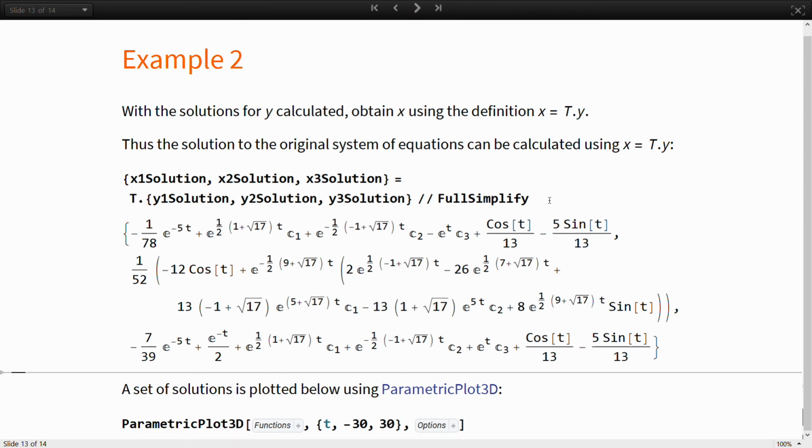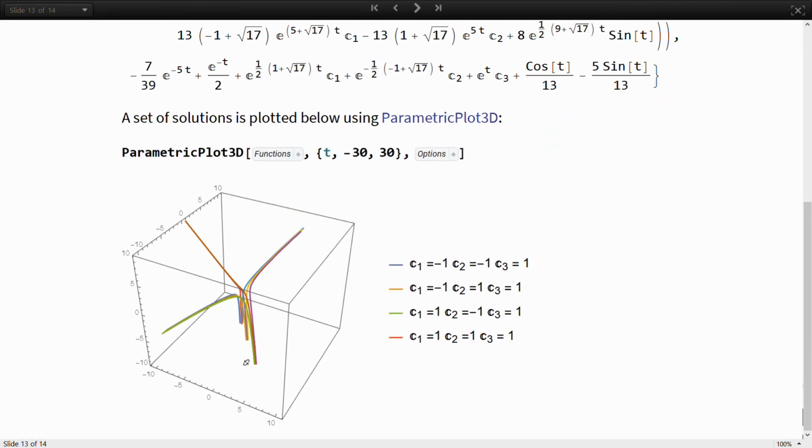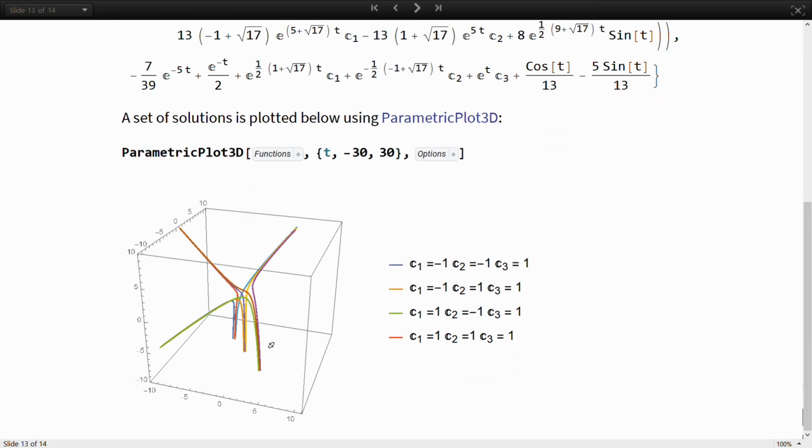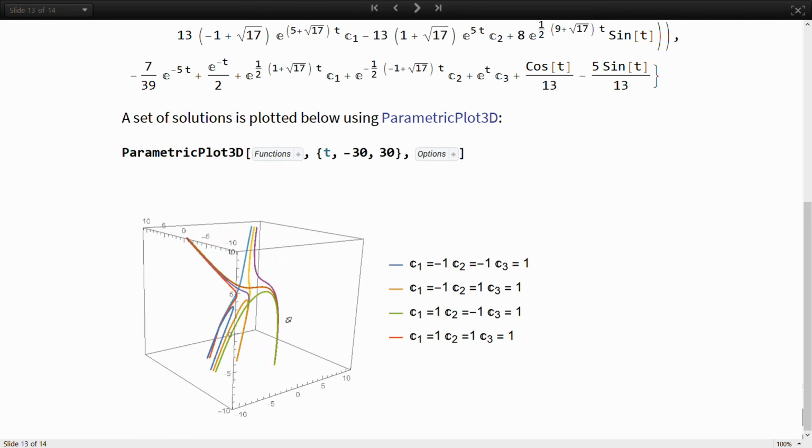Since we have a system of three equations, we will have three components to the solution vector. Therefore, we will need to use ParametricPlot3D to visualize the trajectories for various combinations of the constants C1, C2, and C3.